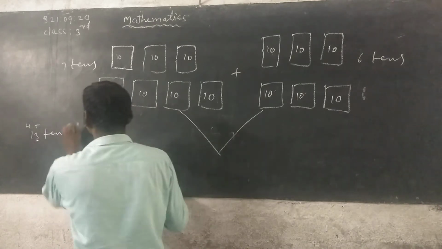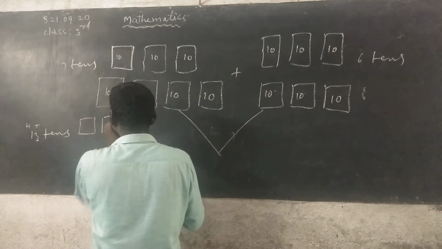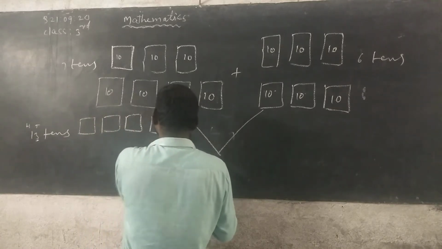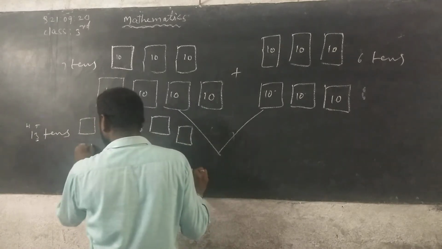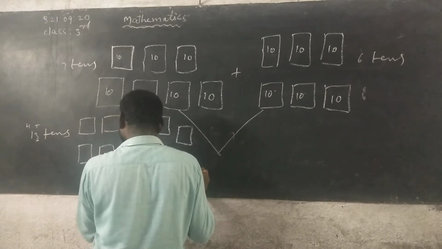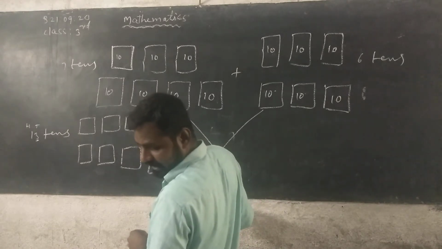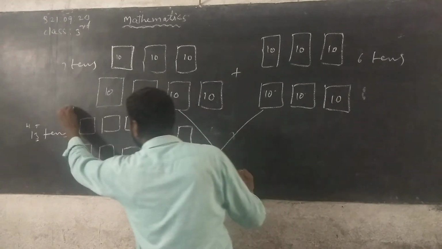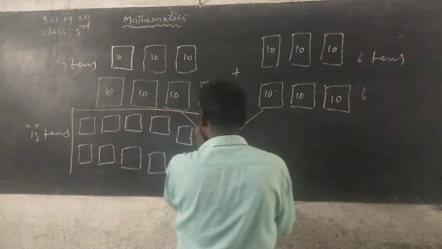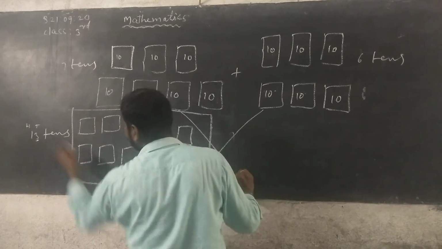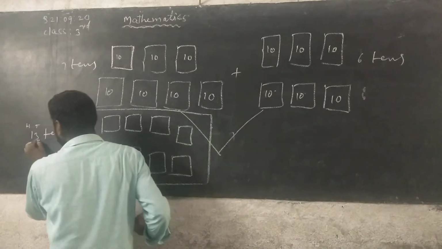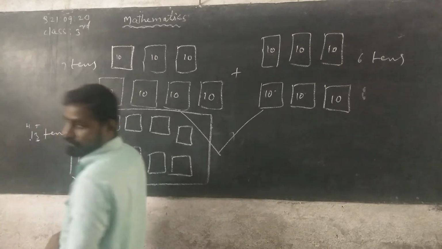You can write 10. So this is the 100's place. So 13 tens means 3 is in 10's place and 1 is in 100's place.